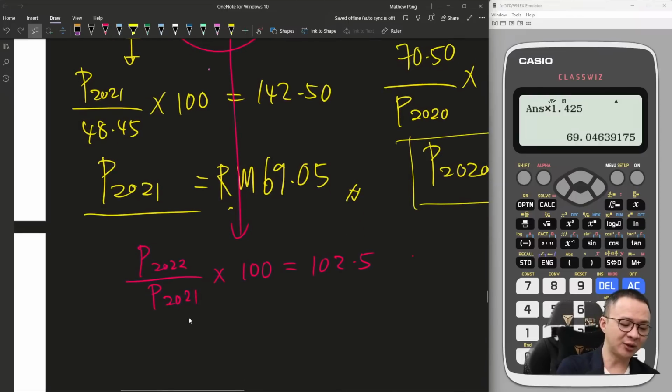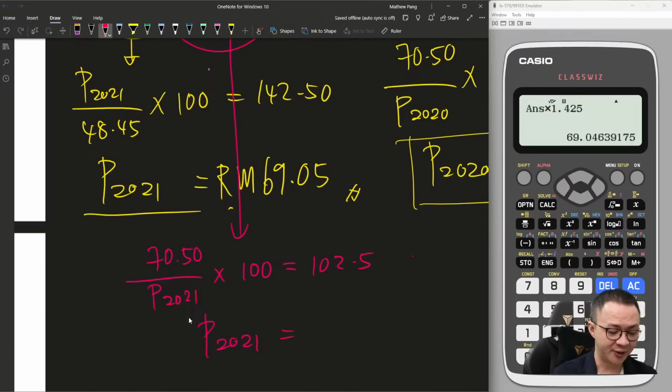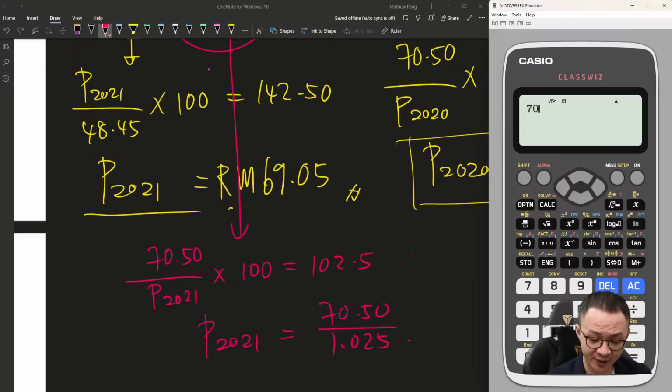And price for 2022 then is given, 70 ringgit 50 cent. So if I solve this one, price for 2021 is basically 70.50 divided by 1.025.